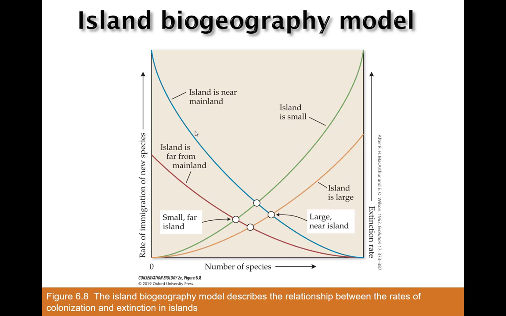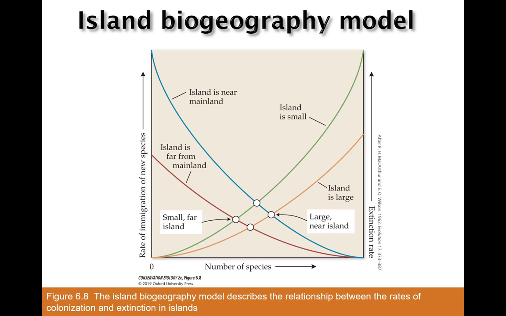The immigration rates in this graph are shown in blue and red curves, and those are based on the idea of unoccupied islands, which initially have high immigration rates, and species with good dispersal abilities rapidly take advantage of all that available open habitat. Immigration rate then slows as the number of species increases and the sites become occupied on that island.